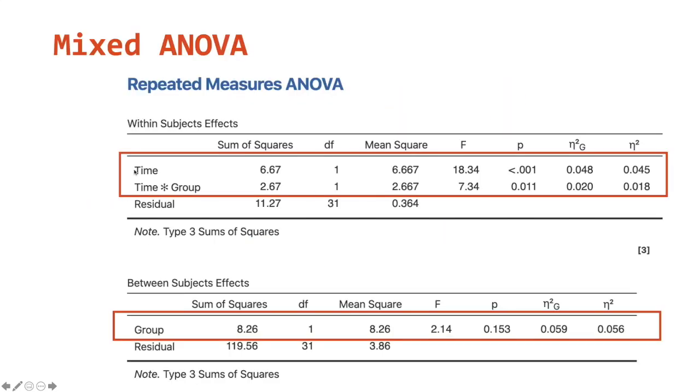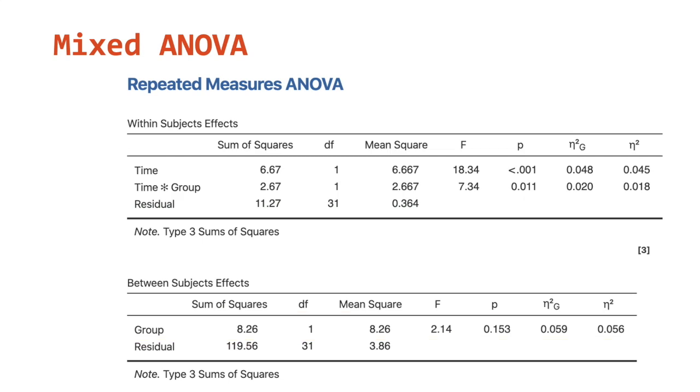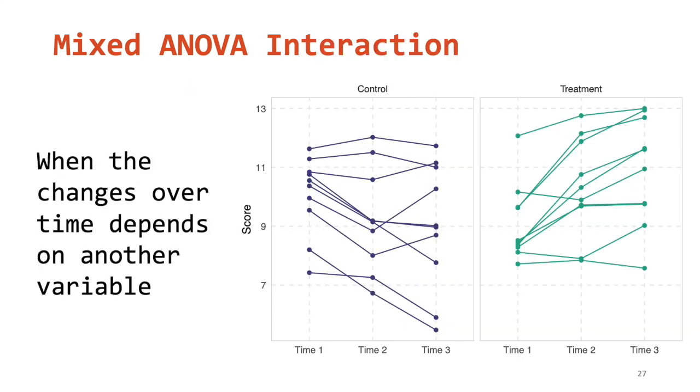In this case, we don't need to really concern ourselves with the main effects of time or group because we have an interaction. And what we'd be talking about is what that interaction means. And one way we could find that out is looking at a plot like this.